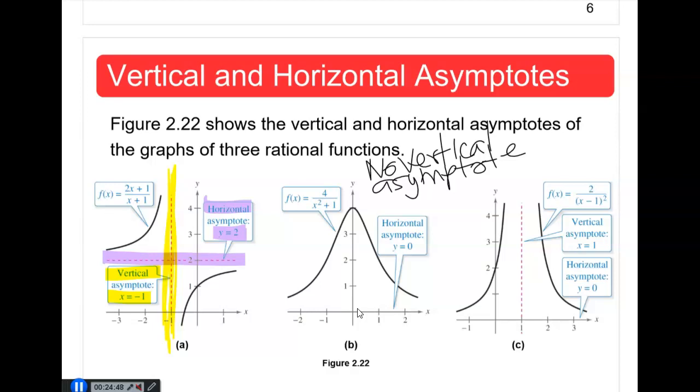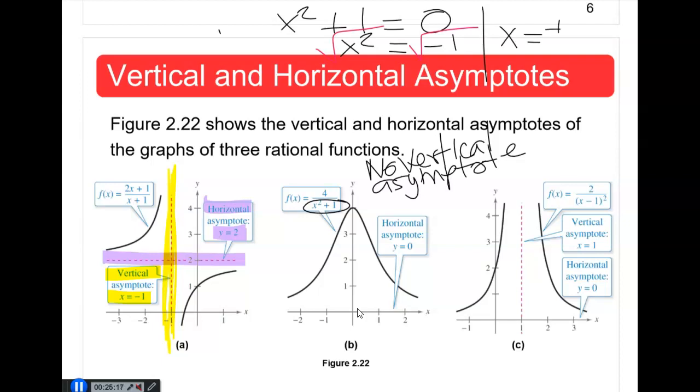The answer is no, because this polynomial here, if we try to solve for the x value that will cause the expression to equal 0, it will have no real solution. If you recall from complex numbers, we cannot take the square root of a negative, and so we use the concept of i. But if the solution is in imaginary numbers, then that means there's no exclusion in the set of real numbers, therefore there's no vertical asymptote.